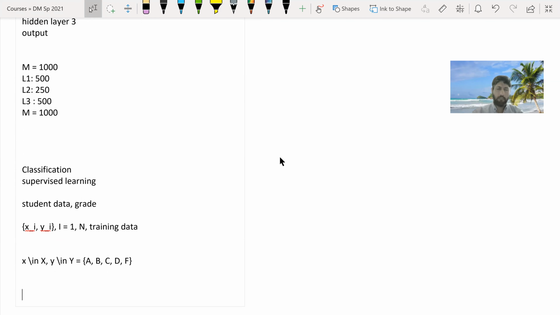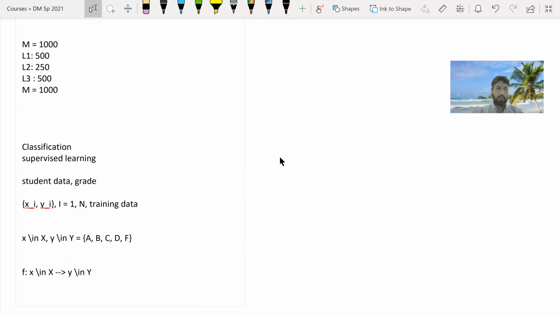I shouldn't say a function in general, it's some model F, or some procedure F, which can map any X from the possible set of X's to a Y from the possible set of Y. In other words, our task is to learn F. F is a model or structure, or you can say procedure.